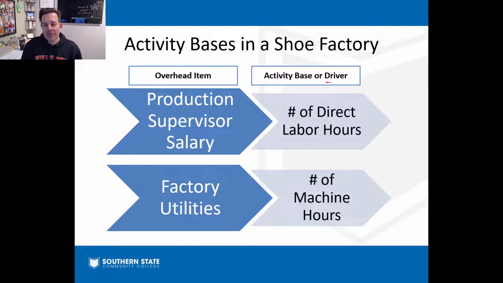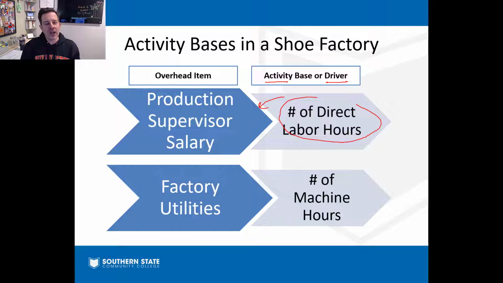The driver for that, or the activity base, might be the number of direct labor hours. That's what's driving that overhead cost right there. The more labor hours we have, the more wages and people that are working, the more supervision they might need. More people, more supervision.